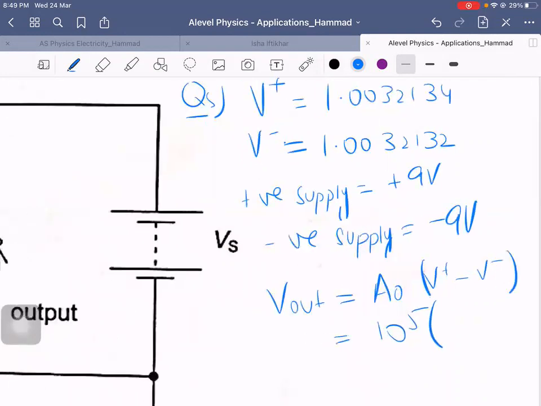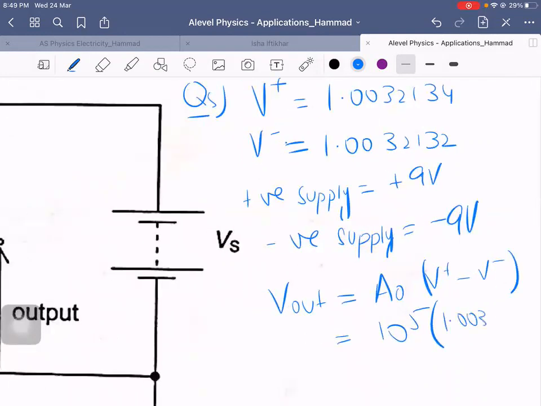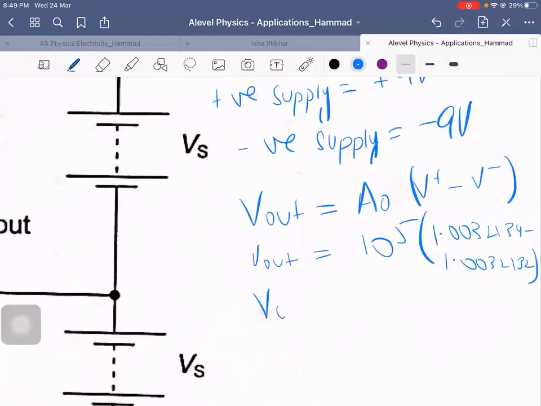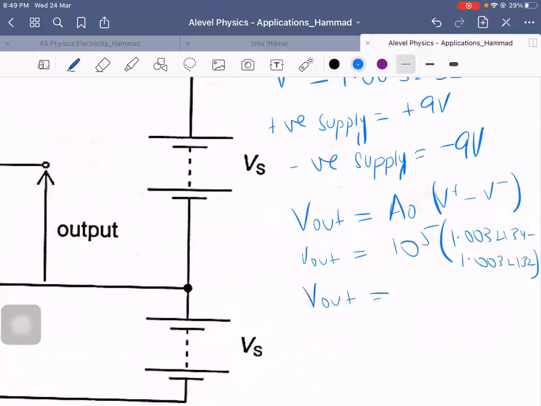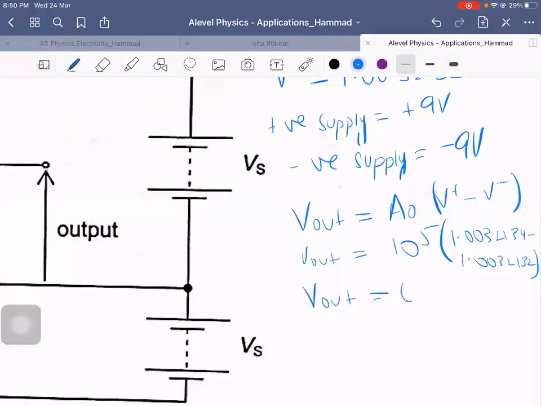V plus would be 1.003234 minus 1.003213. So my output voltage is coming around to be 0.02 volts.